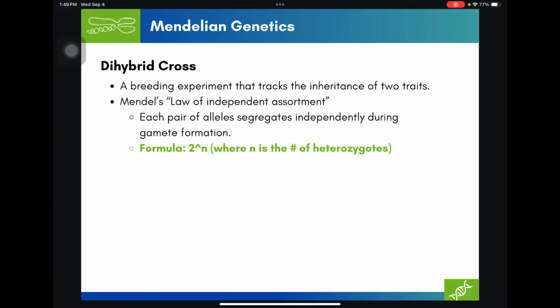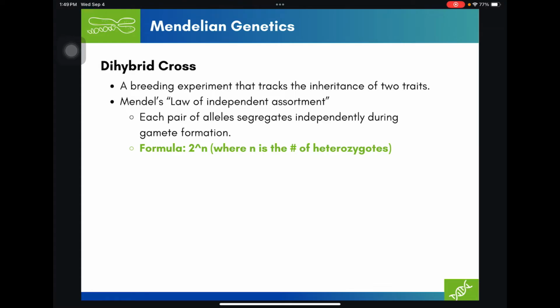In the dihybrid cross, we are now considering two traits. It could be wrinkled seeds and yellow color, or flower color or color of the seeds. It depends on the traits, but in the dihybrid, again, we're talking about two traits.